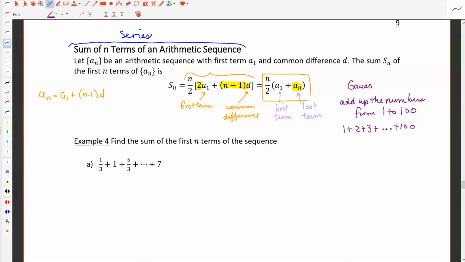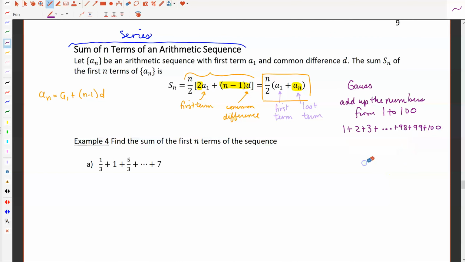Let's explore how. So this is what he thought of. So here's what he needed to do. He was doing a series, right, adding up these terms, 1 plus 2 plus 3, all the way out to 100. Now he thought about pairing these numbers. So if he pairs the first number and the last number together, we'd get 101. So I'm going to write in a couple other terms here. So put in 98, 99, out to 100.